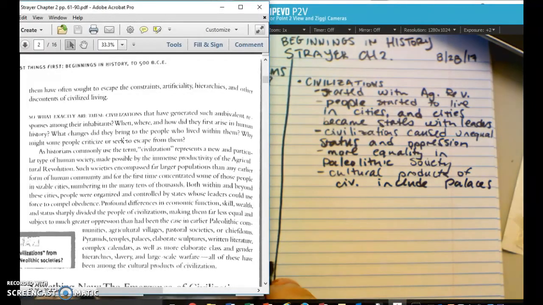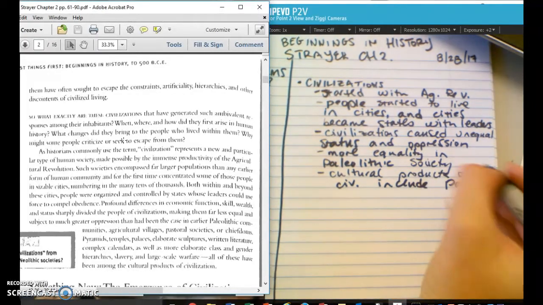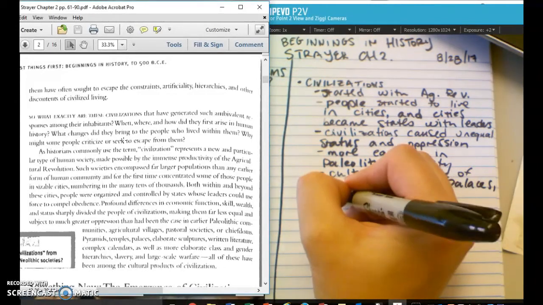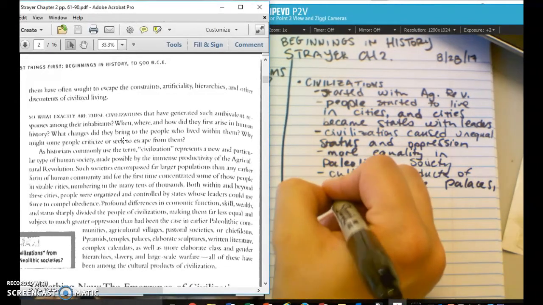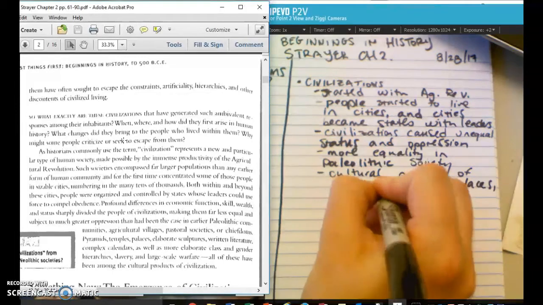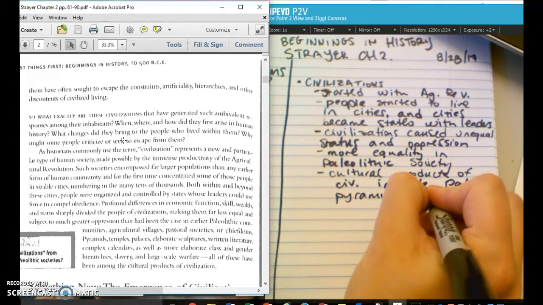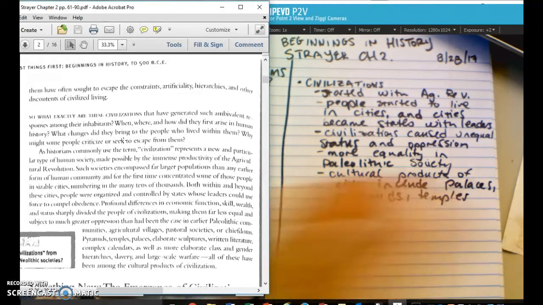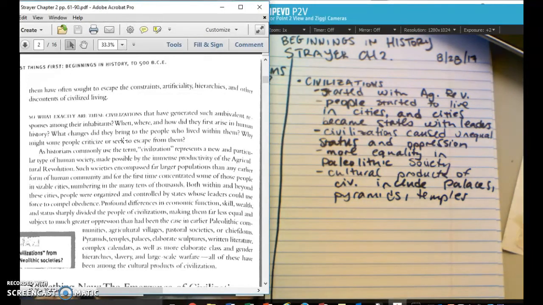Let's see what other stuff we have in here. Pyramids, temples, elaborate sculptures. I think all of these kind of sound like symbols of wealth.